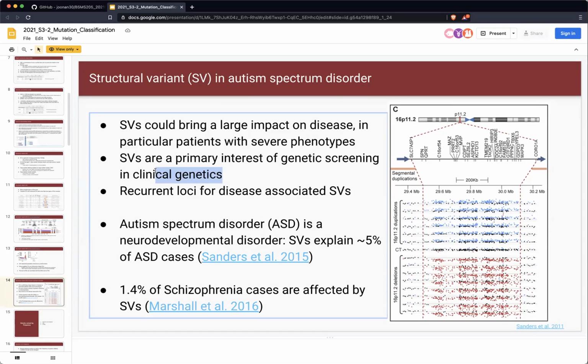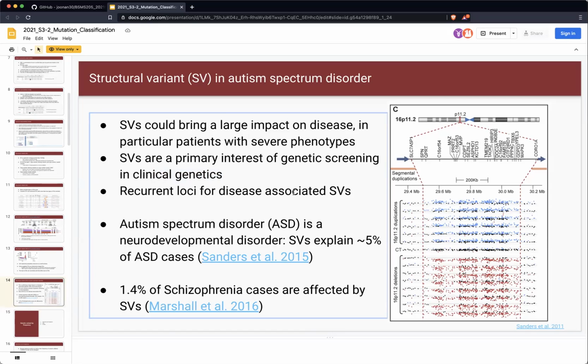Frequent means recurrent loci, and disease-associated means that the structural variation is doing something in the disease, right? Over many years, in autism, schizophrenia, intellectual disability, type 2 diabetes, or other disorders, people have been looking at those recurrent loci for disease-associated structural variation. So we have stacks of information on those genomic patterns.